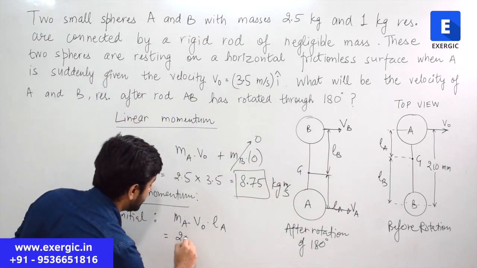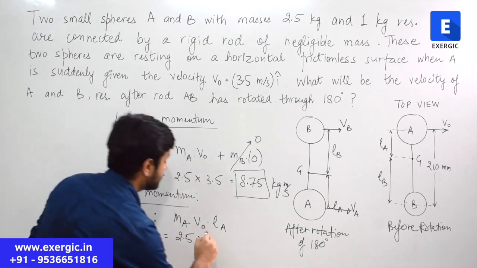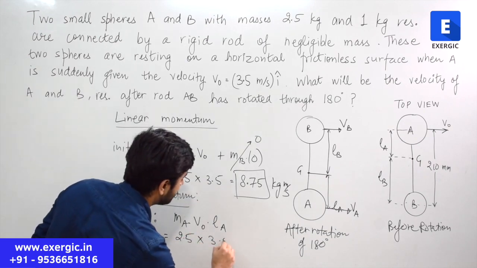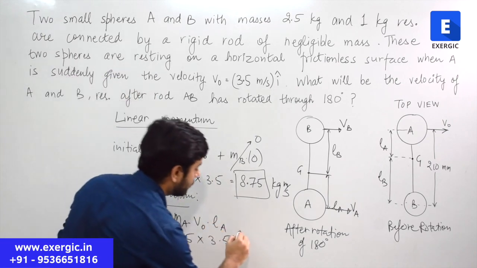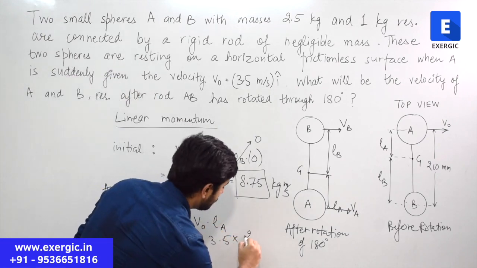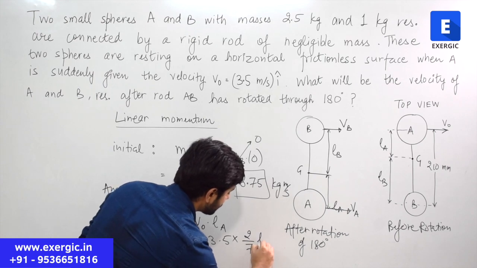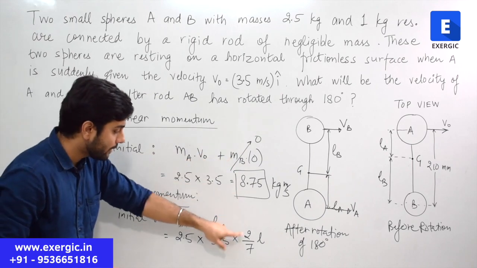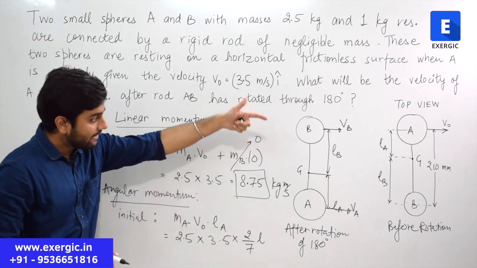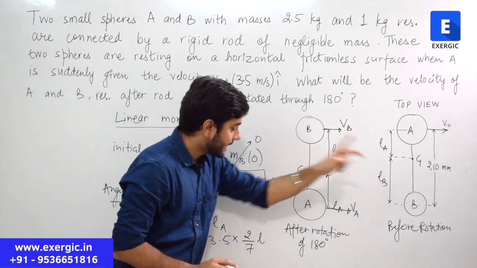Mass of A is 2.5, V0 is 3.5, and LA we calculated before, and I think it was coming out to be 2 by 7 times L. I don't exactly remember the expression, but I think 2 by 7 L was LA and 5 by 7 L was LB.